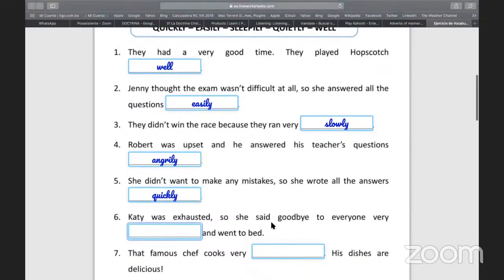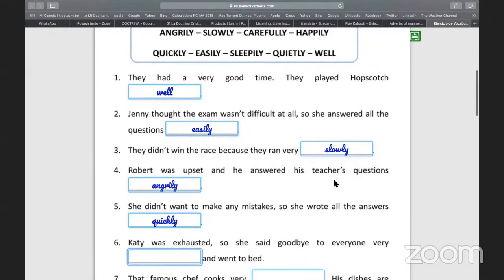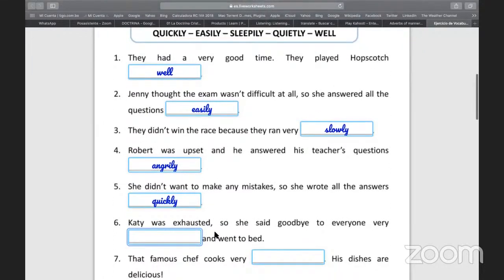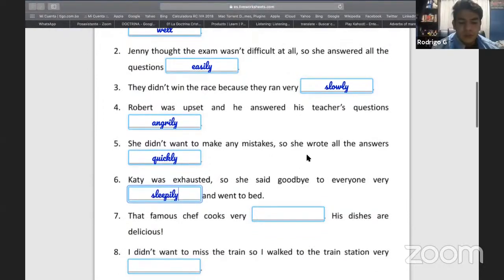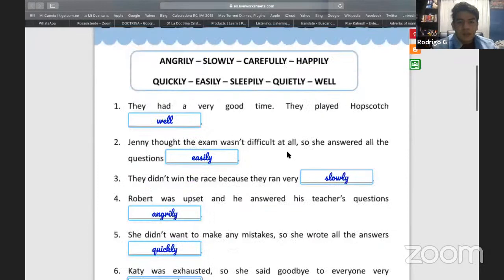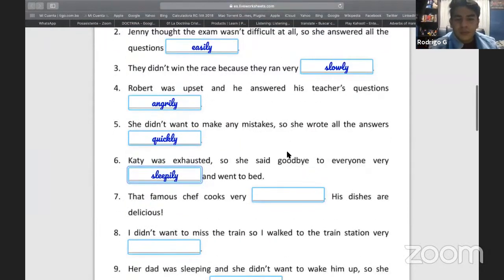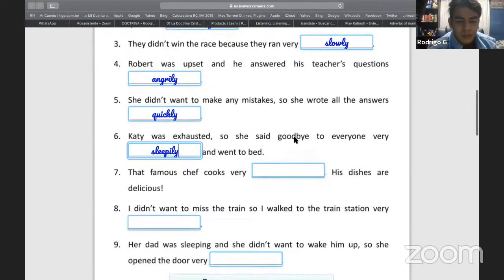Daddy was exhausted by everyone, very sleepily, and went to bed. Seven. That famous chef cooks very happily, very happily.